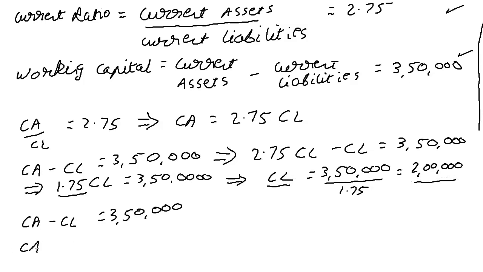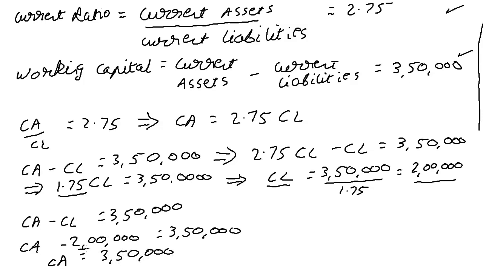So it's going to be current assets minus 2 lakhs is equal to 3,50,000, and now I can say that current assets is equal to 3,50,000. The 2 lakhs over here is subtraction, because that side it becomes addition. Okay, so it's going to be plus 2 lakhs. So current assets is going to give me 5,50,000, and current liabilities is 2 lakhs.